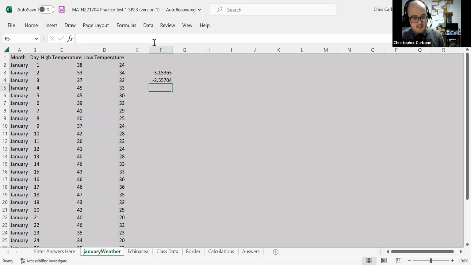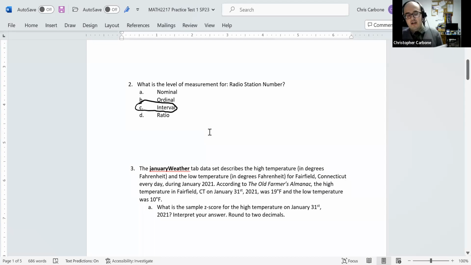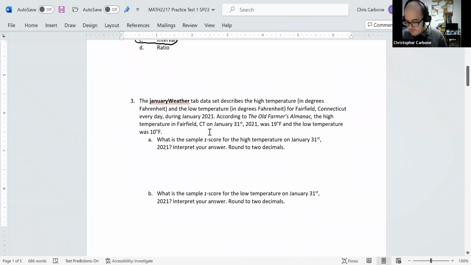Doing so will give us this value, which rounds to 2 decimals, negative 2.56. So let me put that down on the document here. So this was negative 3.15 and negative 2.56.